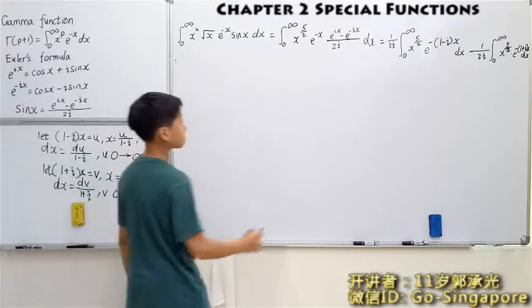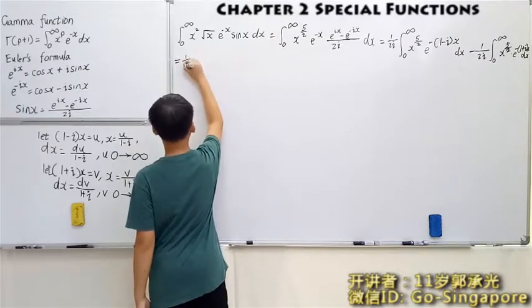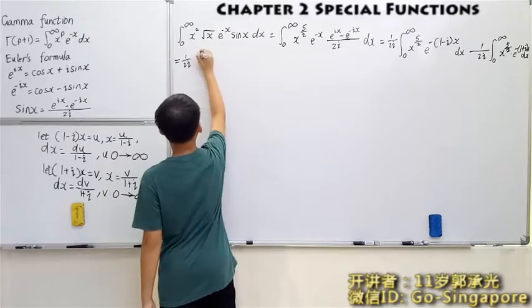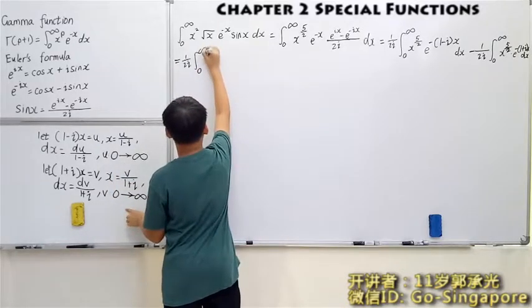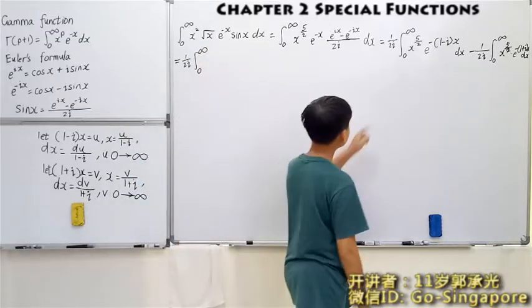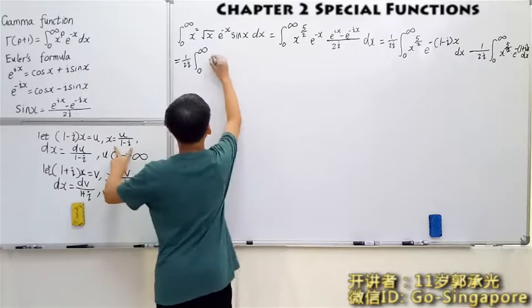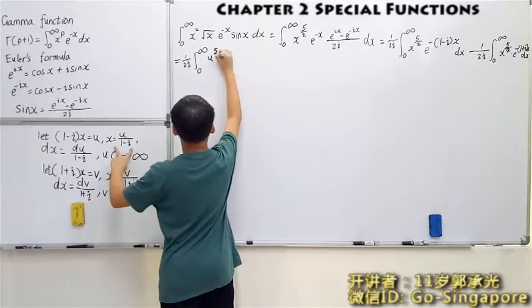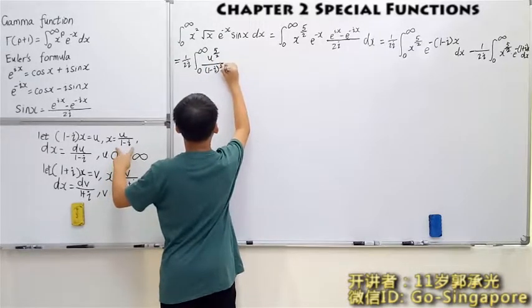Okay. The first part, 1 over 2i, you can let it stay there. Then still integrate from 0 to infinity, x to the power of 5 over 2. Put this in: numerator, u to the power of 5 over 2; denominator, (1 minus i) to the power of 5 over 2.